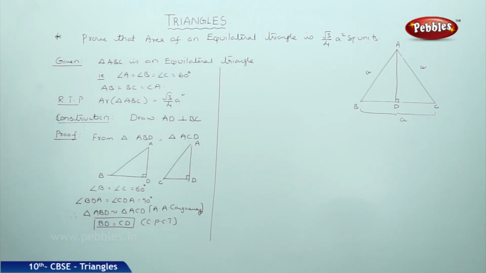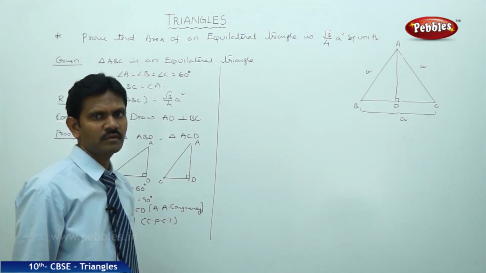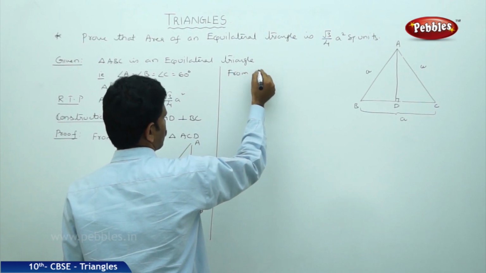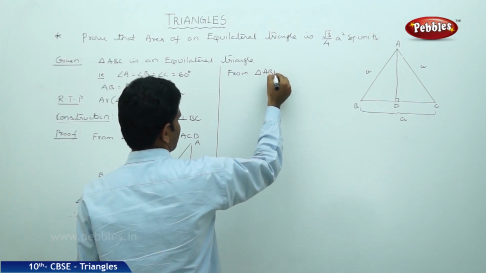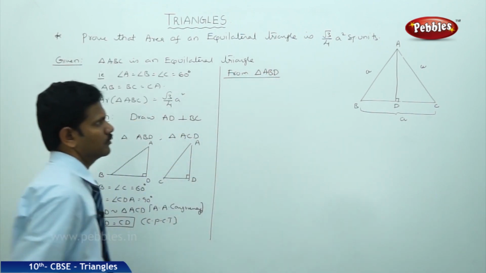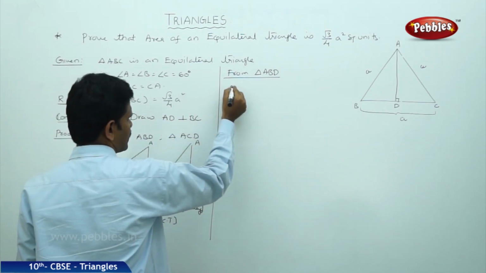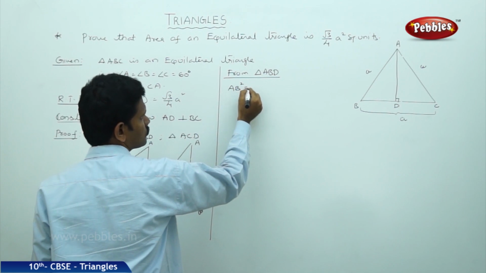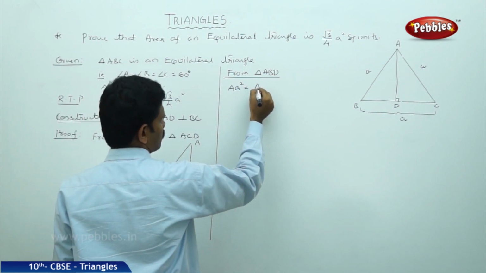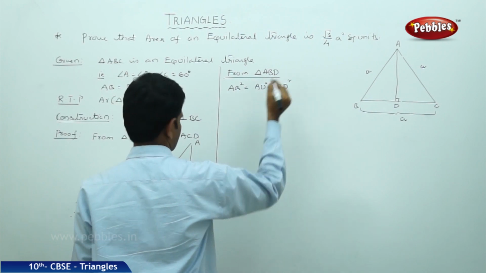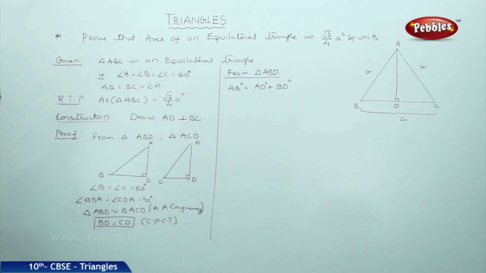Now, from triangle ABD, AB square equal to AD square plus BD square. And here we have to write one more step.